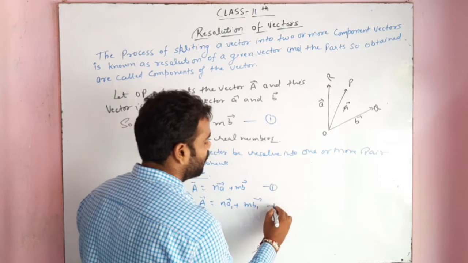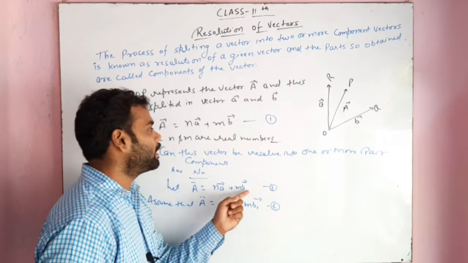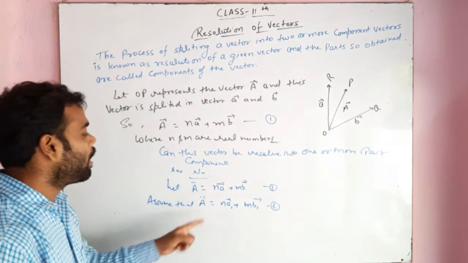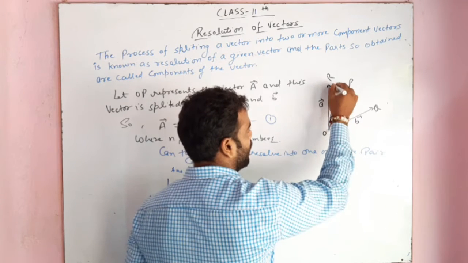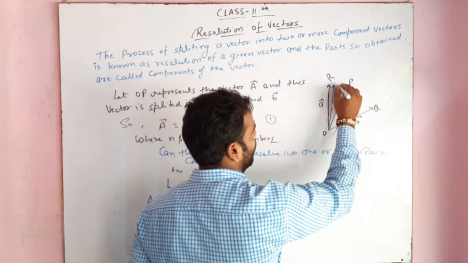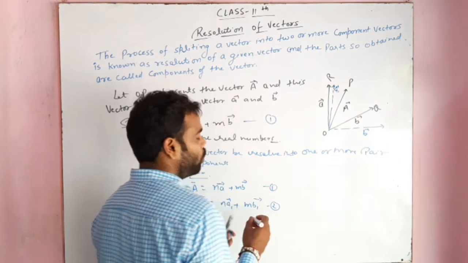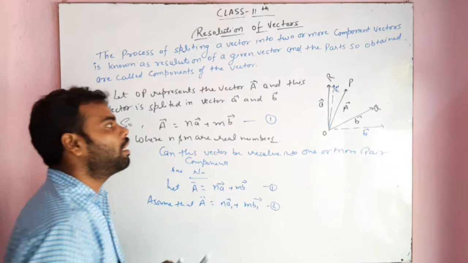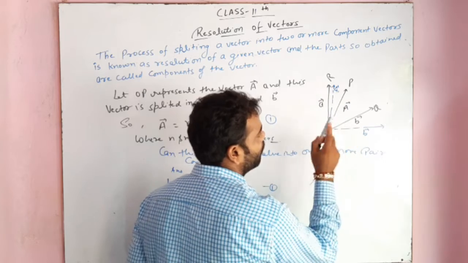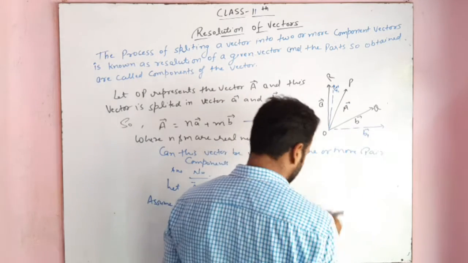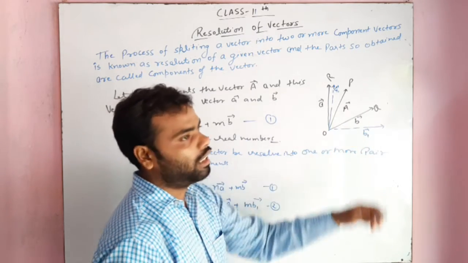In this case, if A can be resolved as nA plus mB, it means vector A can also be resolved as, let this represent the A1 vector and this the B1 vector. Clear? So according to our definition, only one component pair, AB or A1B1, will be present, which are the components of this vector A.